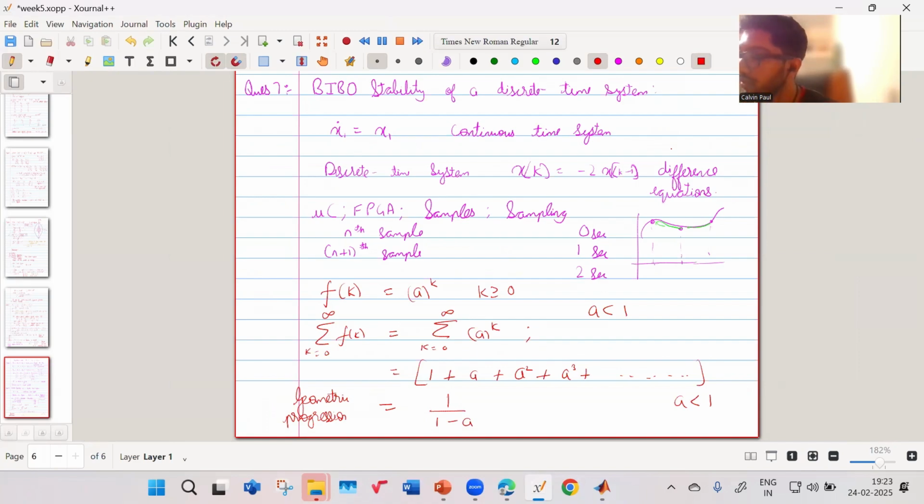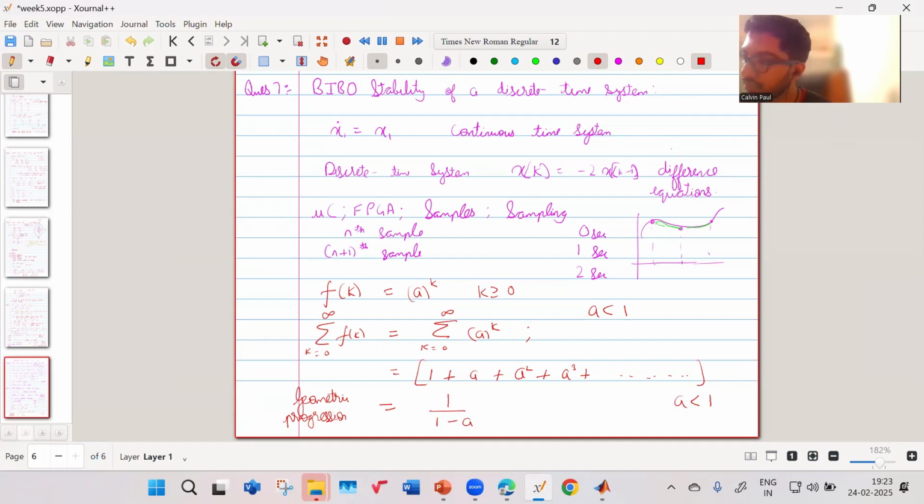If you notice, it is 1 upon 1 minus a, and a is less than 1. So even if a is 0, the value is 1. If a is 0.1, the value will be some value greater than 1. But does this value become infinity? When will this value become infinity? When a is equal to 1. But we have said that a is less than 1.